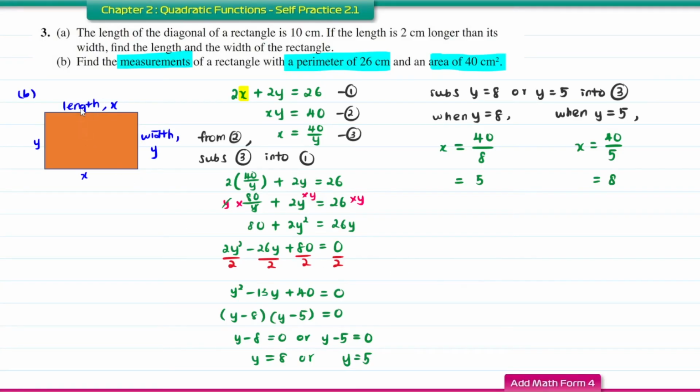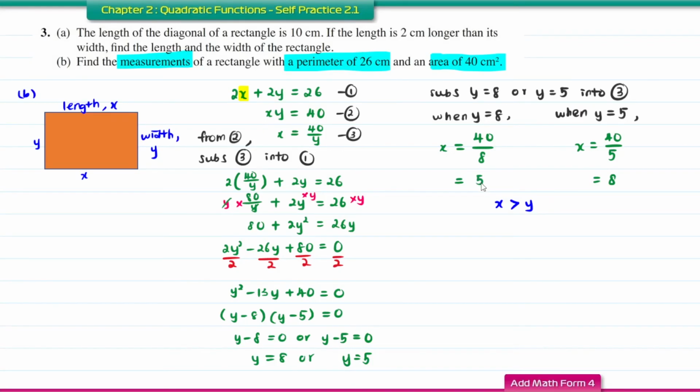Now, if you look at here, we represent the length as x, the width as y. So the length must be longer than the width. Therefore, the value of x must be greater than y. So from here, the first one, when y is equal to 8, x is equal to 5.